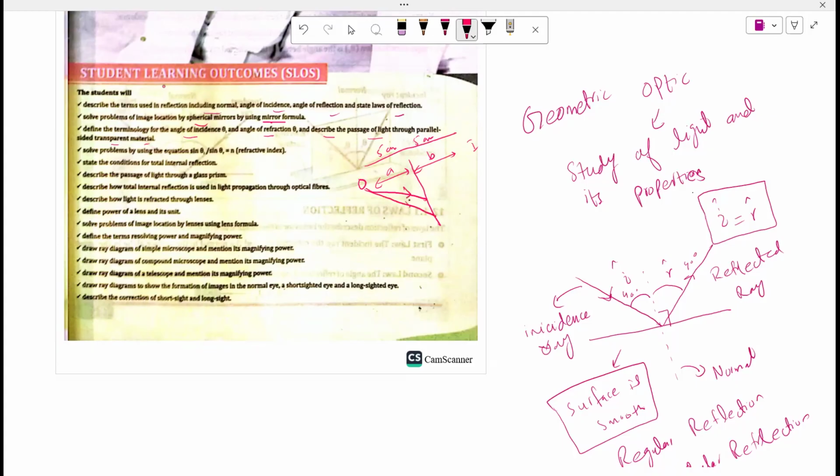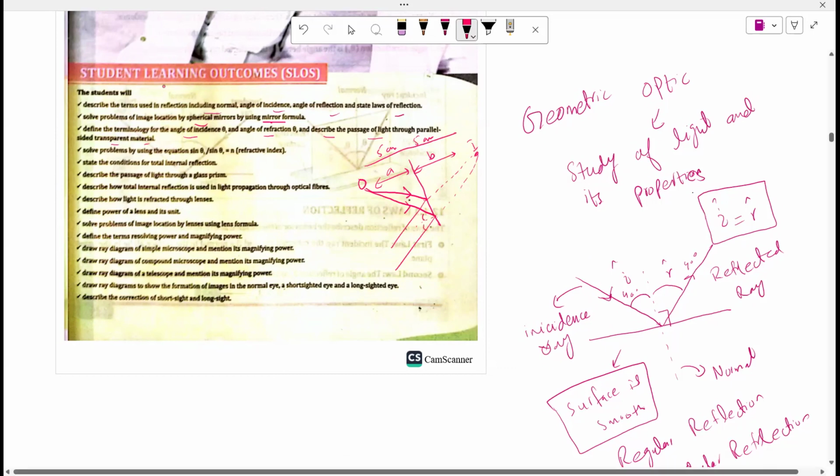Any two random rays would be like this, traced back to meet at the point where the image would be formed. Again, by the law of reflection, incident angle and reflected angle are equal. Similarly, incident angle and reflected angle are equal. So the image formed would be a virtual image. And why would it be a virtual image?